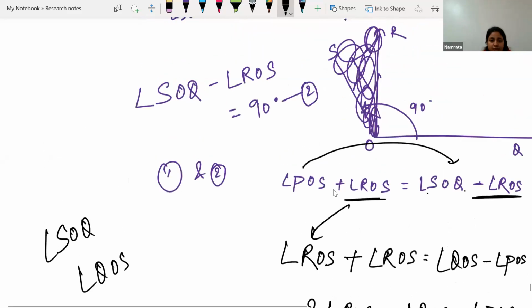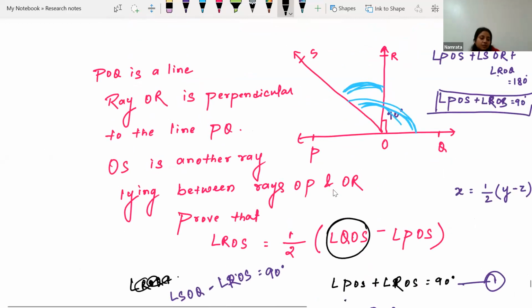Let me summarize what exactly we have done over here. This is a weird type of proof we have to do. Now we are not worried about the proof. First things first, we write whatever we can write.